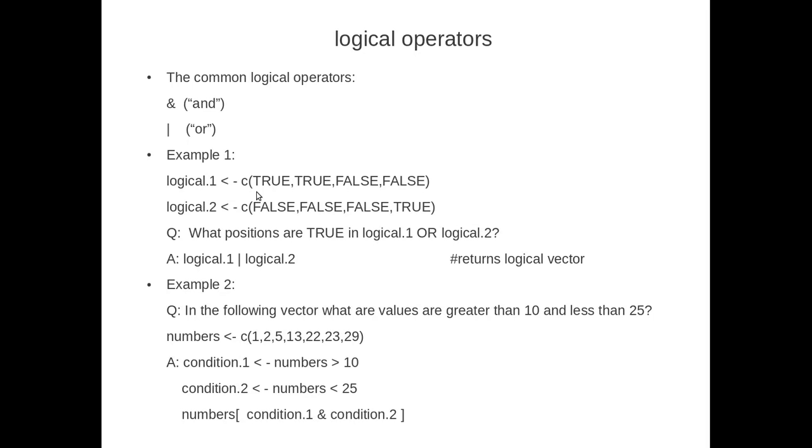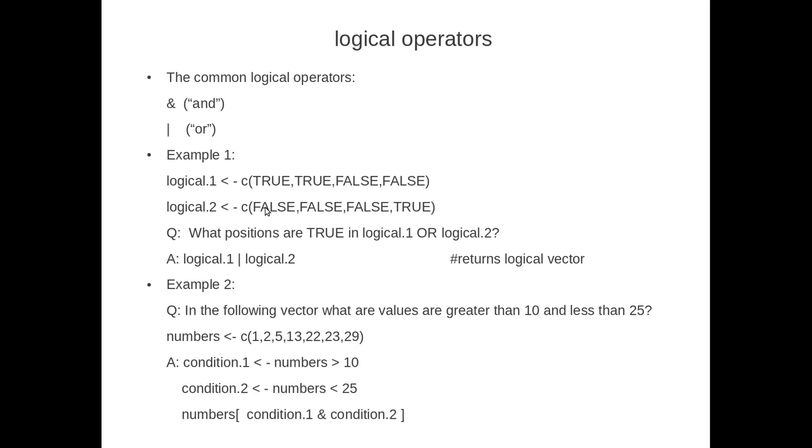So let's take a simple example where we have two logical vectors where I've simply physically put in the trues and falses. Again, notice no quotes around the trues and falses, so these are logical vectors. What positions are true in the first and second vectors here? Which are true in either?